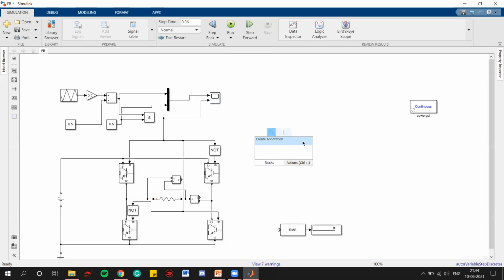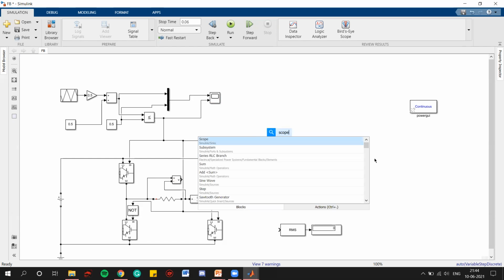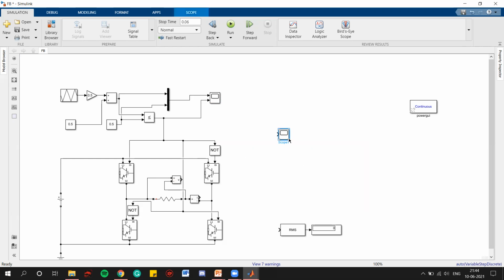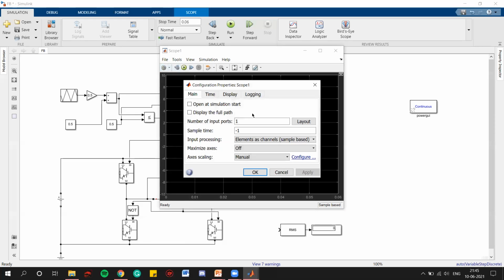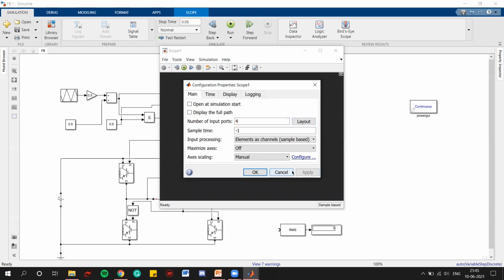So now let's take one more scope. The first one would be the positive gate pulse, second one would be the NOT gate pulse, third one would be the output voltage, and fourth one would be the output current. So 4 waveforms are there that we need to observe, 4 different layouts, right?